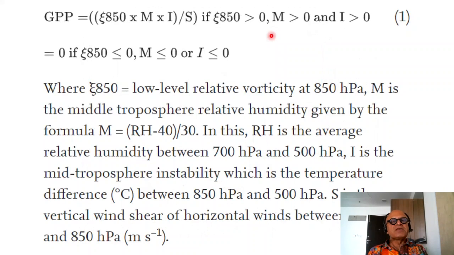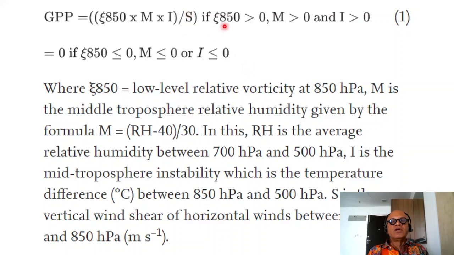Most of you are probably aware of the genesis potential for cyclones, which looks at low-level relative vorticity, mid-tropospheric relative humidity, and the mid-tropospheric instability, which is the temperature difference between the 50 hectopascal and 500 hectopascal, and S is the vertical shear, which tends to inhibit cyclogenesis, so it's in the denominator here.